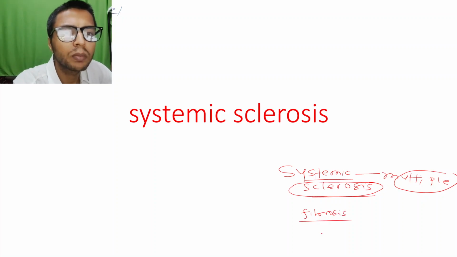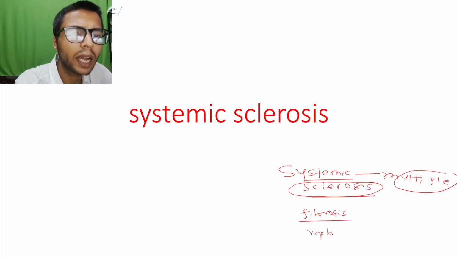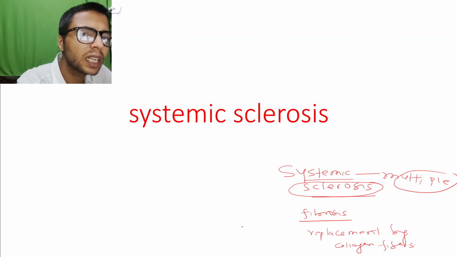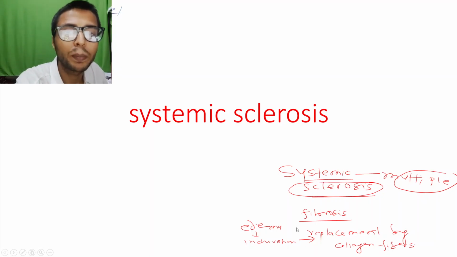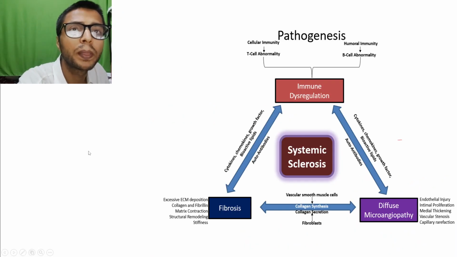Pathologically speaking, it means replacement by collagen fibers. So initially there is edema that leads to induration and ultimately sclerosis occurs. So sclerosis means the final stage in the pathophysiology of this disease.